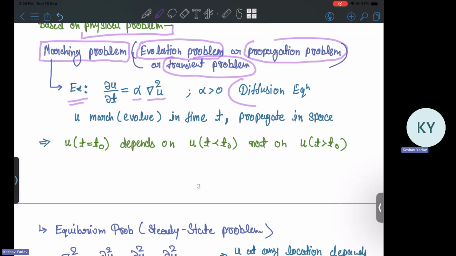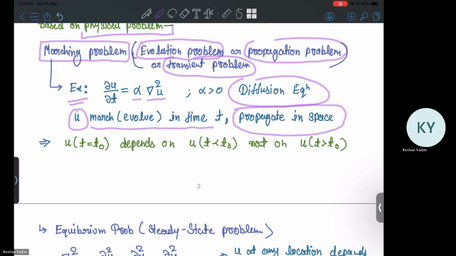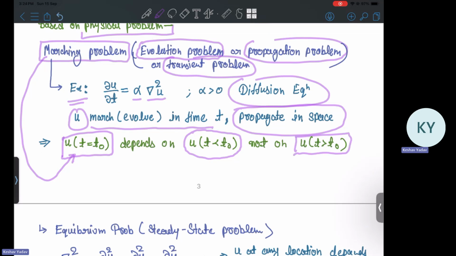This is nothing but a diffusion equation. Here u evolves or marches in time and propagates in space. The main feature of this marching type of problem is that u at any time t equal to t naught will depend only on times less than t naught, not times greater than t naught. Meaning the solution at any point will depend on its past, not on its future.